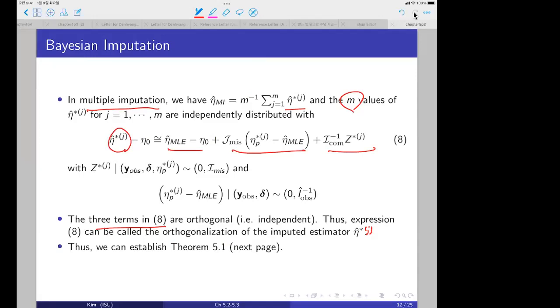This term is a function of the phase 1 sample only with mean 0, this one is a function of phase 2 with mean 0 conditional on phase 1, and this one has mean 0 and is constant conditional on phase 2. That way you can orthogonalize, and the variance decomposition is now easy to derive.